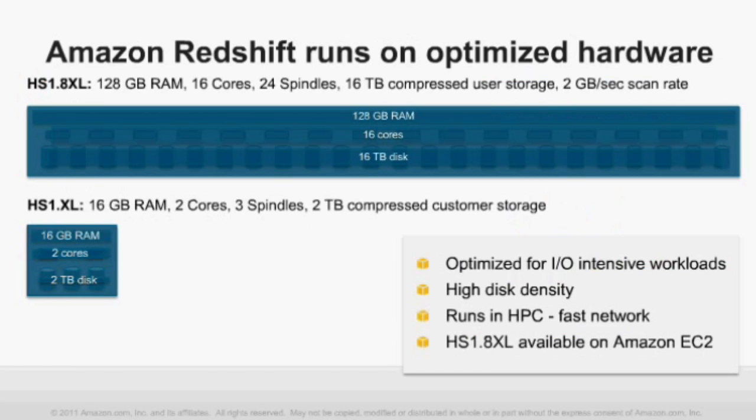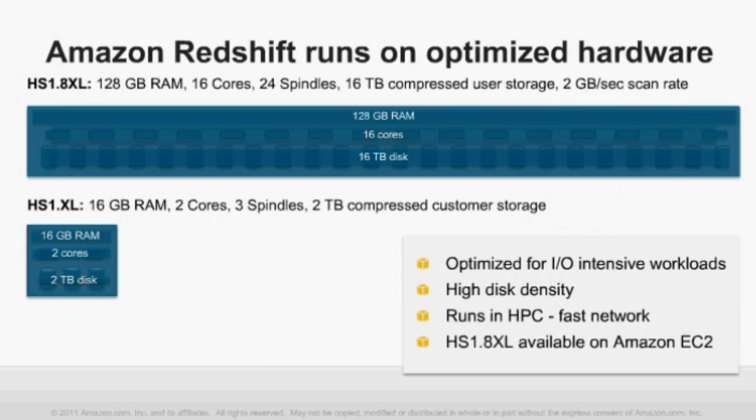So Amazon Redshift runs on optimized hardware. This server infrastructure was custom built and made into a new EC2 instance type. This instance type has been made available as an EC2 instance called HS1 8XL, which has 128 gigs of RAM, 16 cores, 24 spindles, and with Redshift, you get 16 terabytes of compressed user storage.